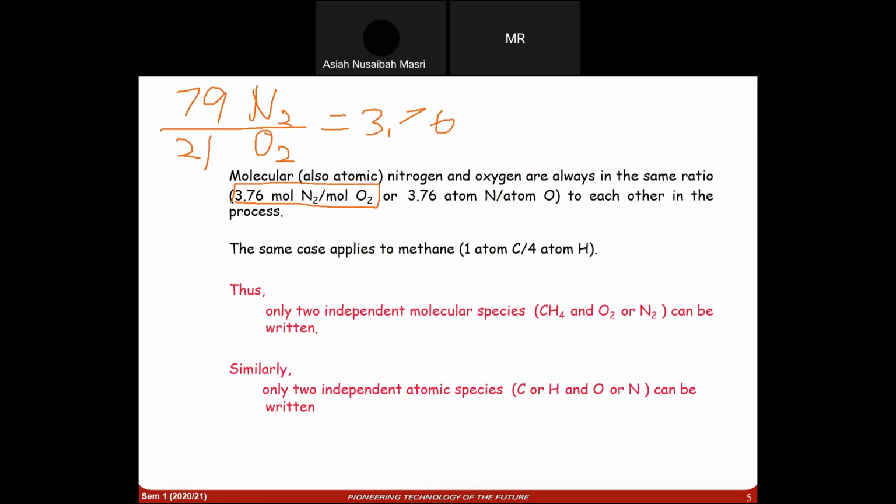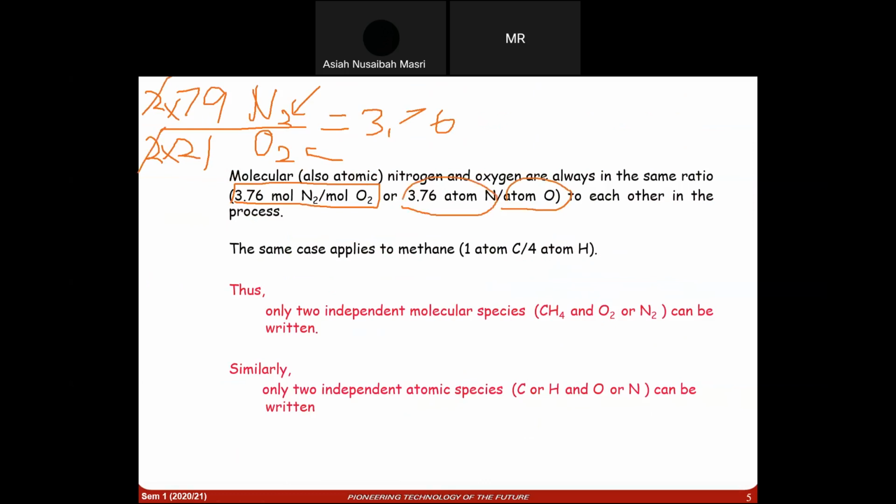How about in terms of atomic balance? We have here 2 and 2, so the balance for atoms is also the same. Because we multiply this by 2 and this by 2, we can actually exclude it. So for every atom of oxygen, there will be 3.76 atoms of nitrogen.